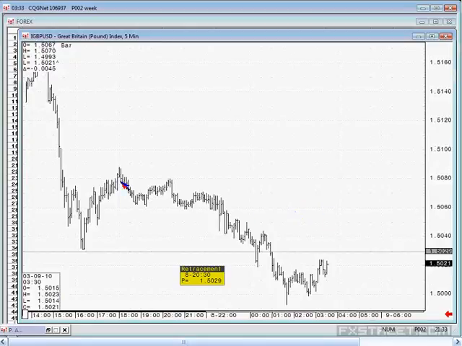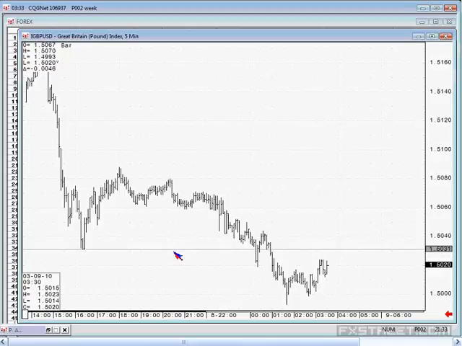Okay, let me go to this chart. Here, one more thing I want to tell you about the report is, whenever the price tests a level for the first time, it would be valuable most of the time. That means the price would respect that level because it's the first time.